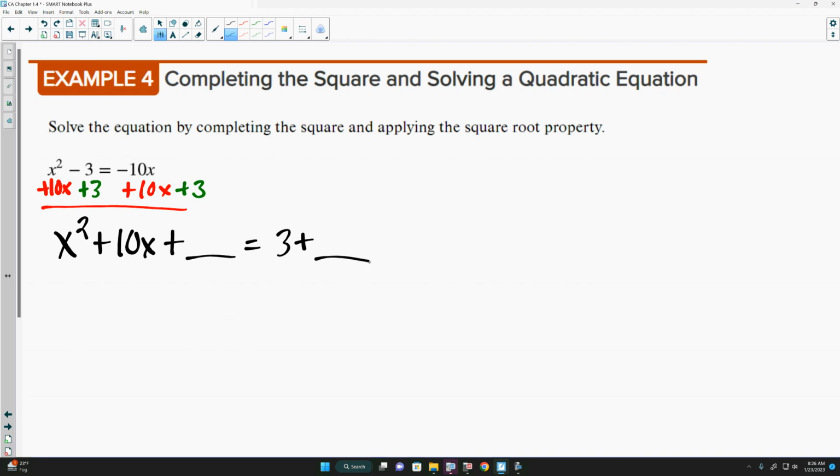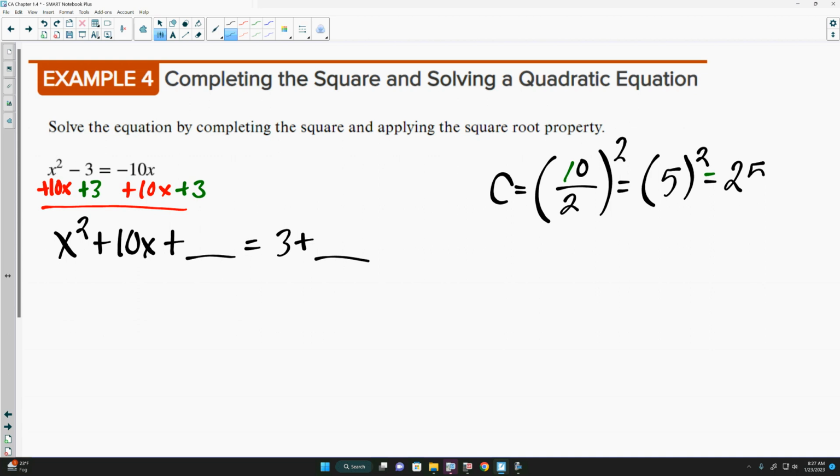I leave the blank in there because, again, we need to make the x squared plus 10x a perfect square trinomial, and we're going to have to add whatever that value is to both sides. Now for us here, c is equal to b over 2 squared. Our b value in this case is positive 10. And luckily 10 divided by 2 is 5. It's a nice number.